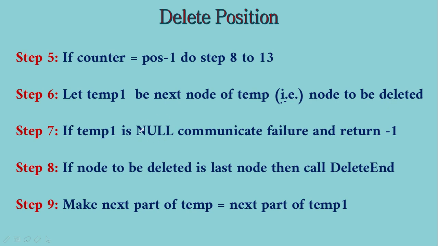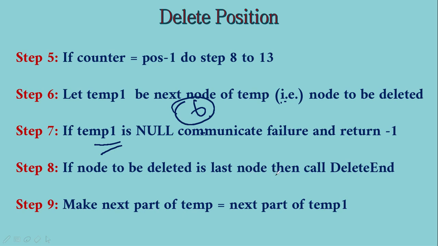If temp1 is null, this happens if there are 5 nodes and I am trying to delete the 6th node. As per the algorithm, temp will safely point to the 5th node, but temp1 will be null. I cannot delete a null, so I have to communicate failure and return minus 1.